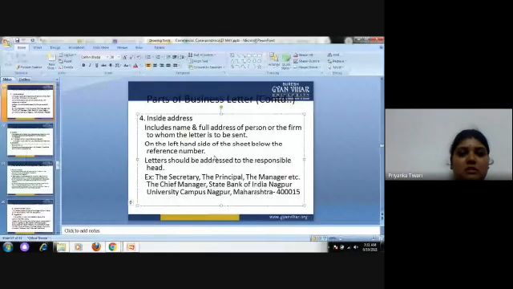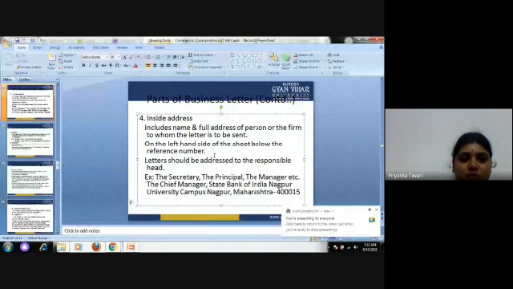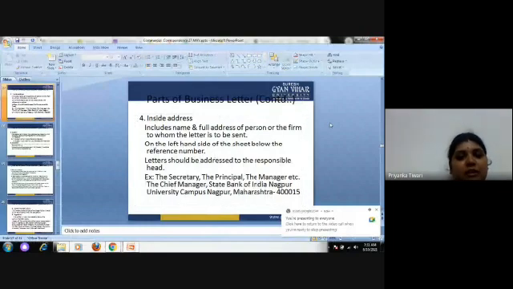It is on the left hand side of the sheet below the reference number. The letter should be addressed to the responsible person, such as the secretary, principal, manager, or chief manager, State Bank of India, University Campus, Nagpur, Maharashtra.